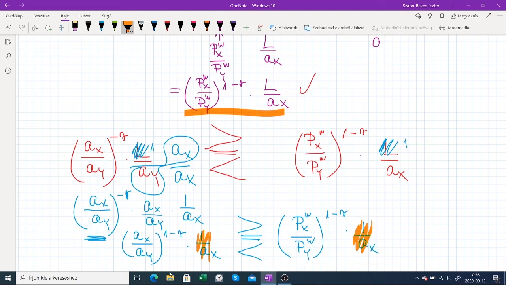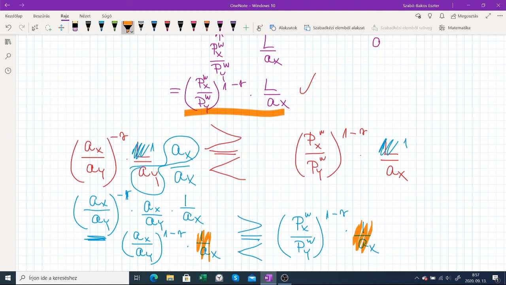So if Ax over Ay is higher than the Px over Py, then the left-hand side of the equation is the bigger. If Px over Py is greater than the Ax over Ay, then the right-hand side of the equation is the bigger. If Ax over Ay equals Px over Py, then the right-hand side equals the left-hand side.